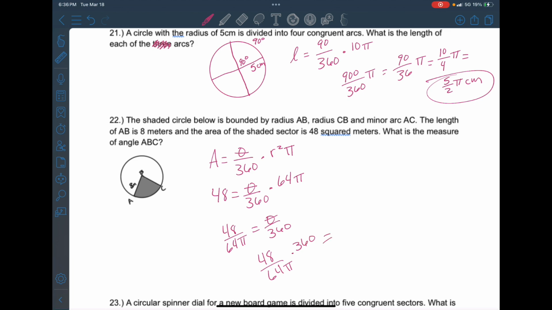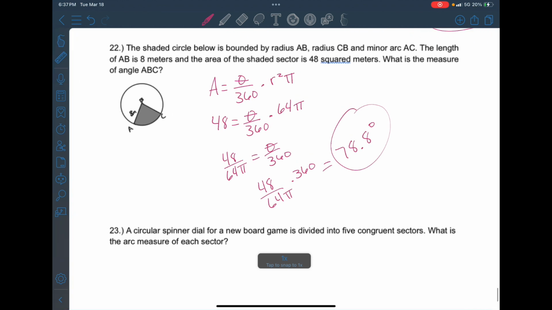So if I do 48 divided by 64 pi times 360, we will get 78.8 degrees. Of course, we will round because we actually put pi in there.